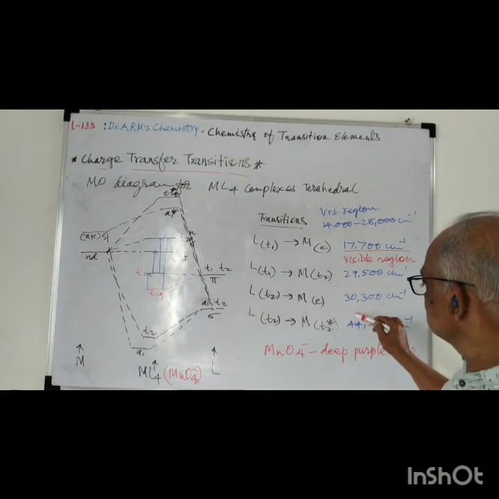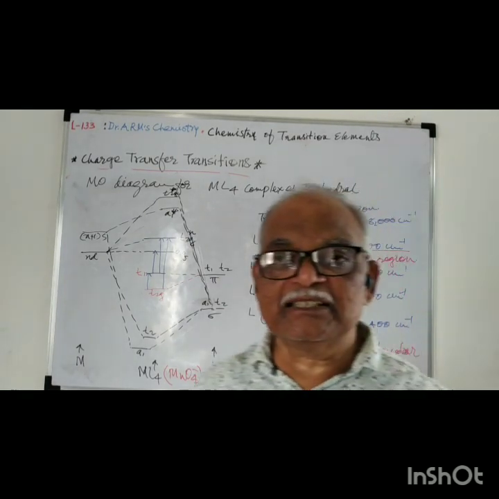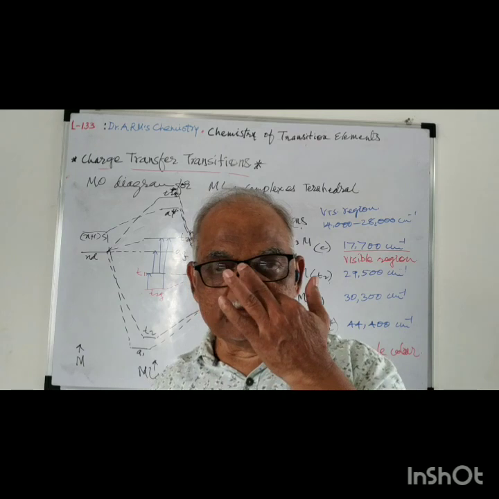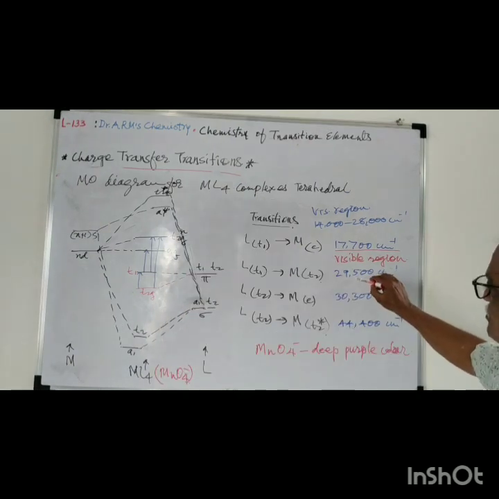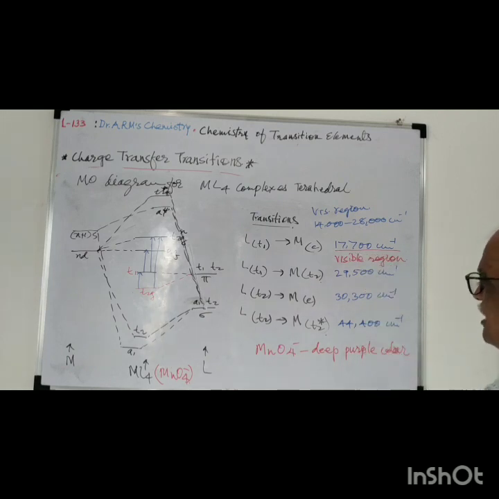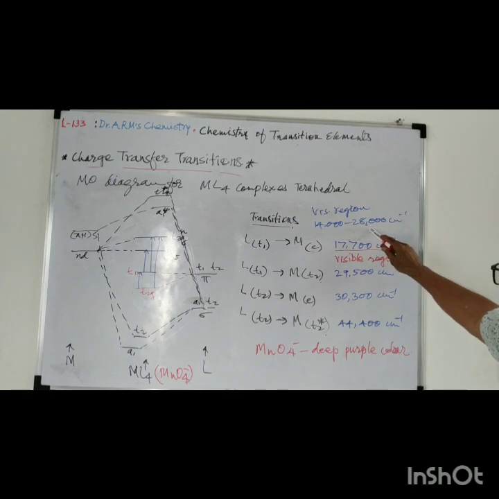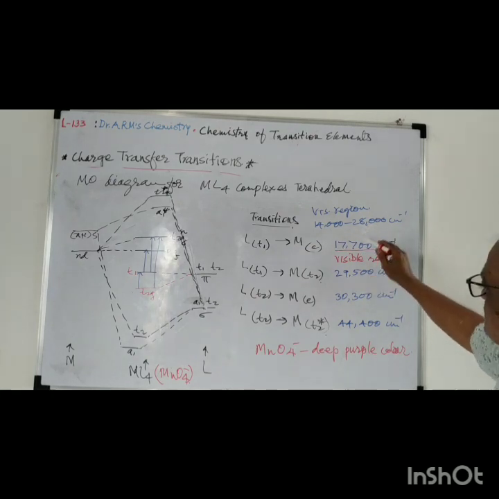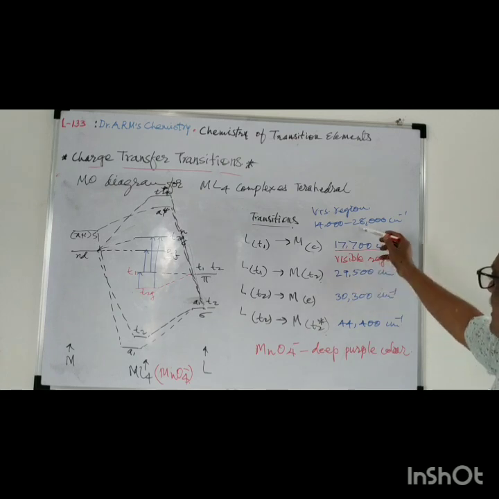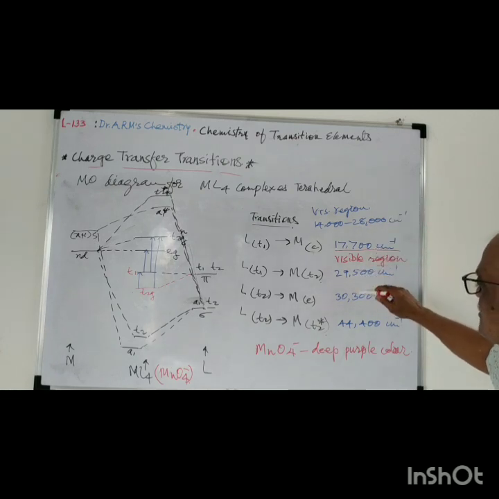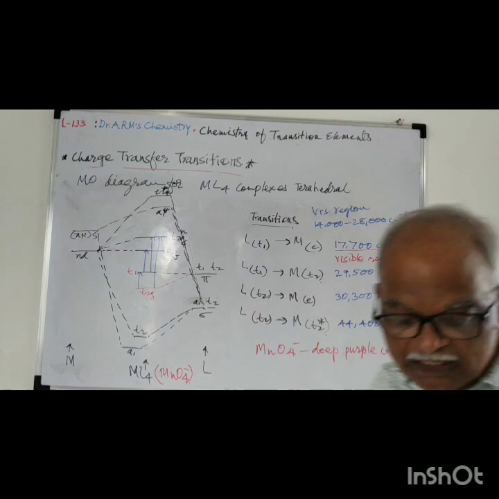So these three bands are present in the high energy region, not showing color. We know that the visible region lies between 14,000 to 28,000, but these three absorption bands appear above 28,000. So this is not showing any color.